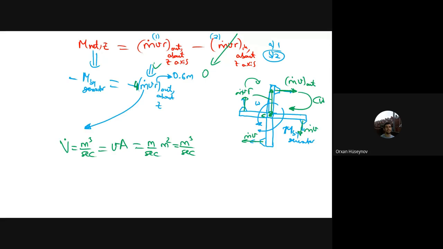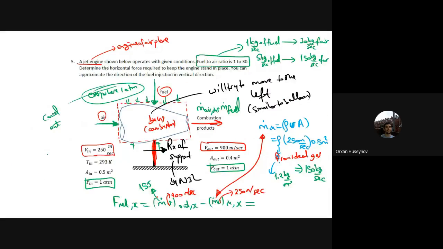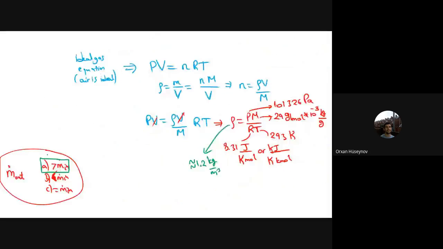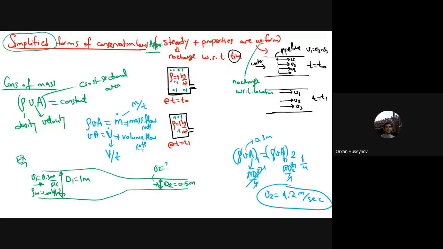That is called V dot, or volume flow rate. We have said it in the previous slides. You can see VA, if the densities are the same, is the volume flow rate. Remember these equations? The volume flow rate or mass flow rate.